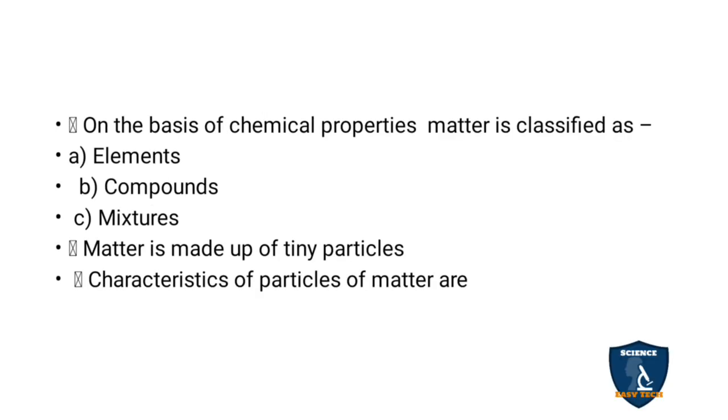Next, the chemical properties. Based on chemical properties, matter is classified into elements, compounds and mixtures. Oxygen and such are considered elements. For example, oxygen is a gas, and we can think of phosphorus.